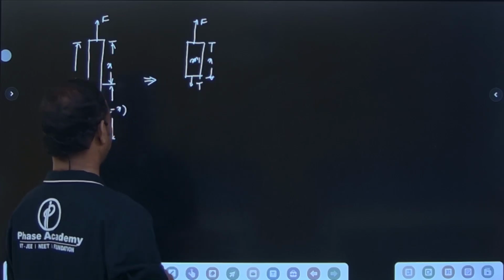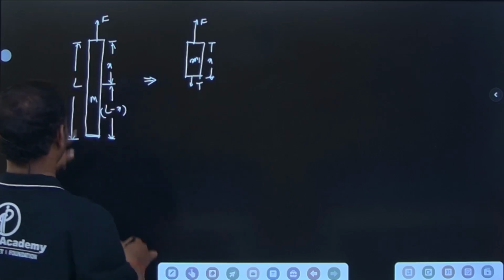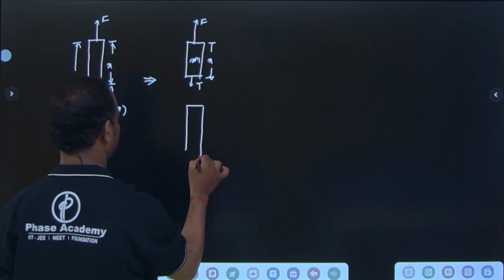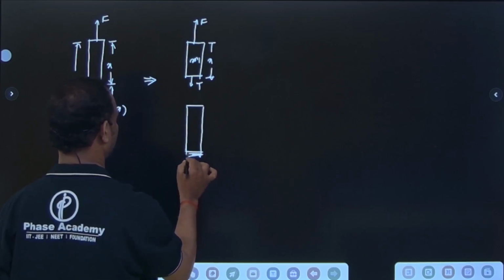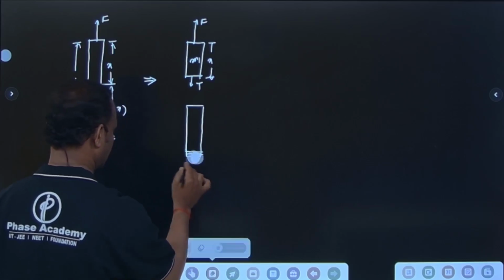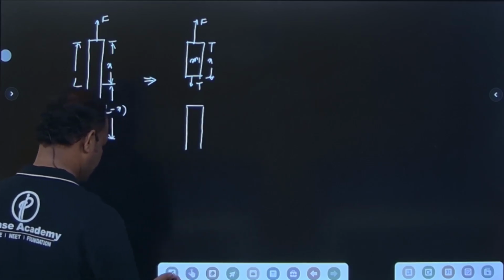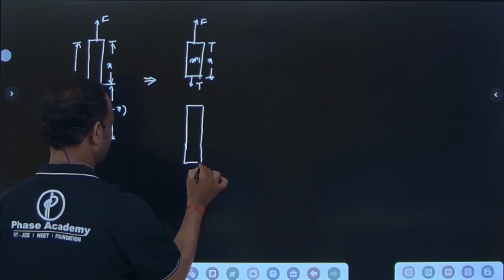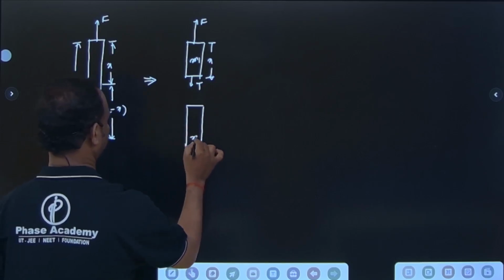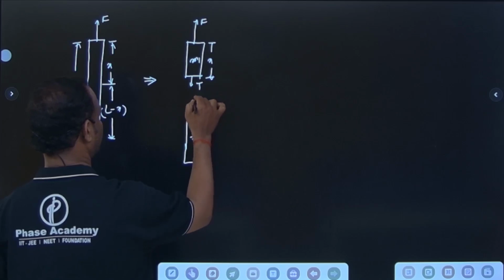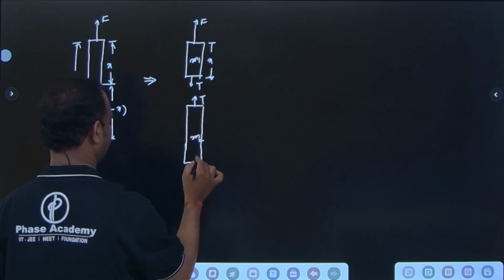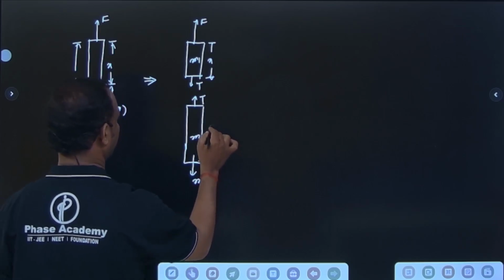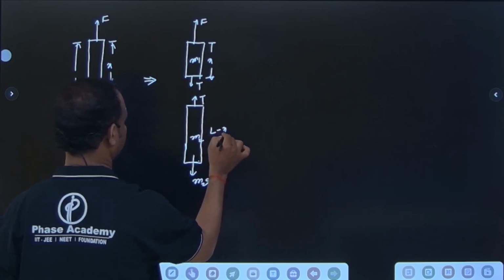This is M1, the first one. For the second part, I am taking a second block, which is M2. Next, tension acts upward, its weight is M2G, and the length is L minus x.